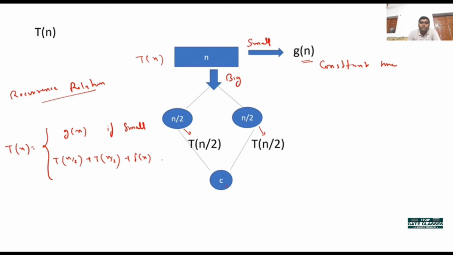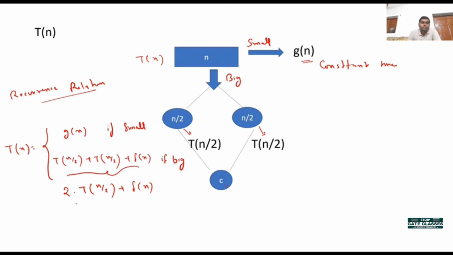This is the case when the problem is big. We can also write it as 2 times T of n by 2 plus f of n. This is some function, maybe the time taken in the division or combining process.